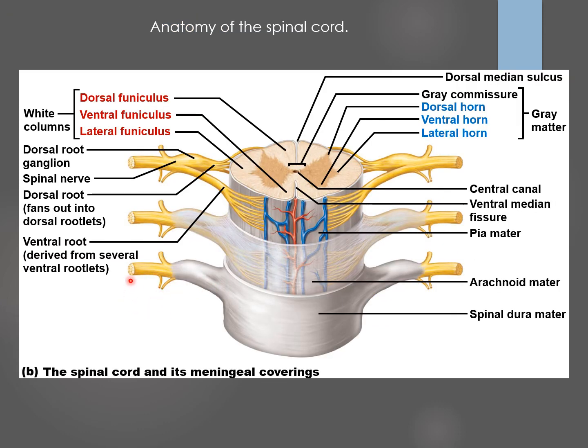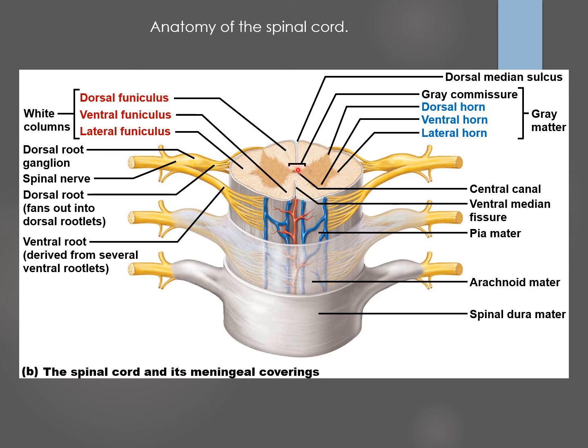I have asked you to describe the pattern of gray matter and white matter in the spinal cord, and here's a cross section. This darker area is the gray. The pattern in the spinal cord is there is a central canal. It is surrounded by gray matter, and then the gray matter is surrounded by white matter.